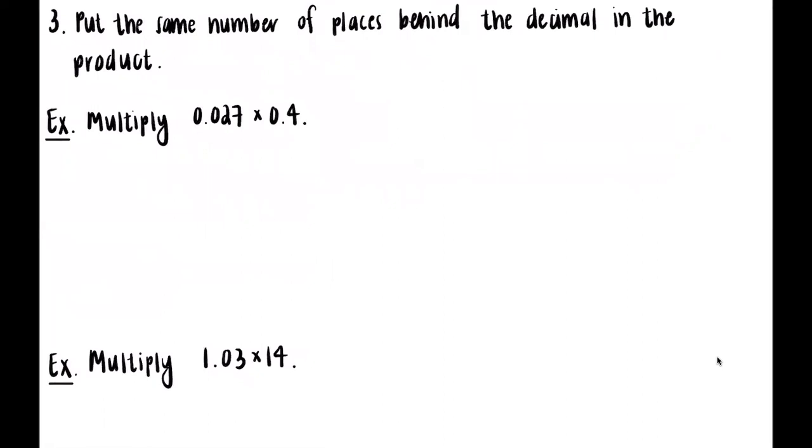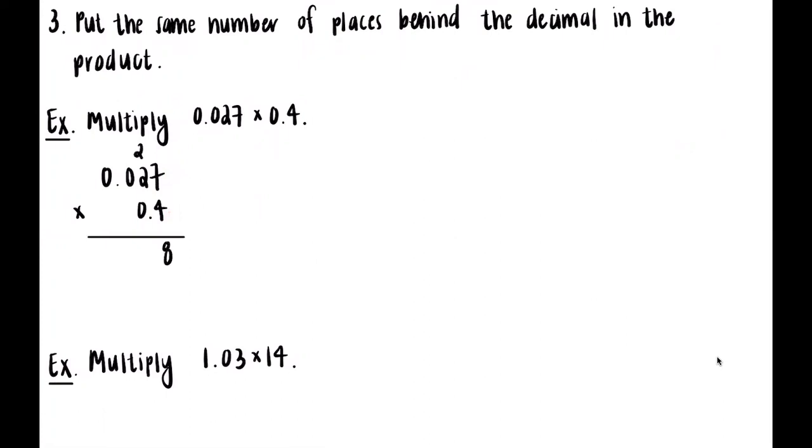So first we have 0.027 times 0.04. Treat it just like normal. Don't even worry about a decimal point yet. So align it nicely, and I'm going to go step by step. We have 7 times 4. That gives us a product of 28.